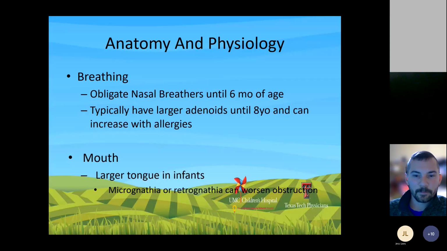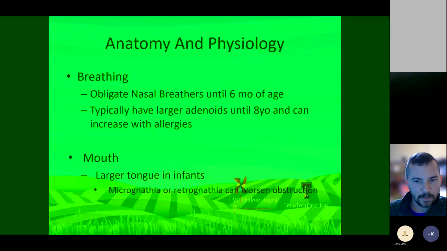As we talk about breathing, anatomy and physiology in infants, it's very important that their nose is kept clear. If you think about it, the first thing we do after an infant is born is immediately bring them to the mother's chest, if possible, and attempt to breastfeed within the first few minutes of life so we can create that bond, create that attachment.